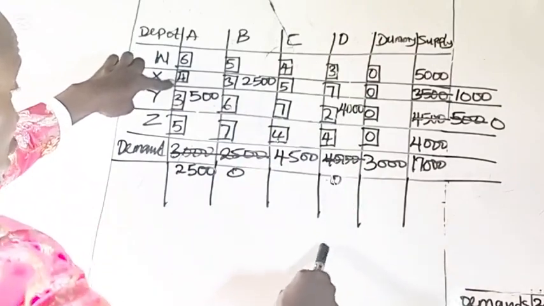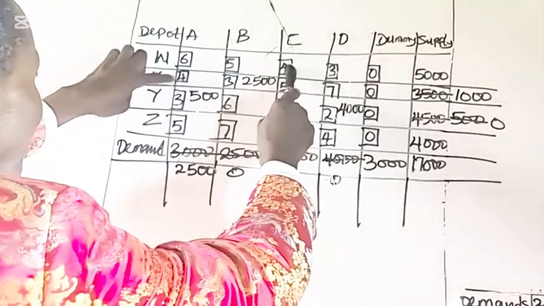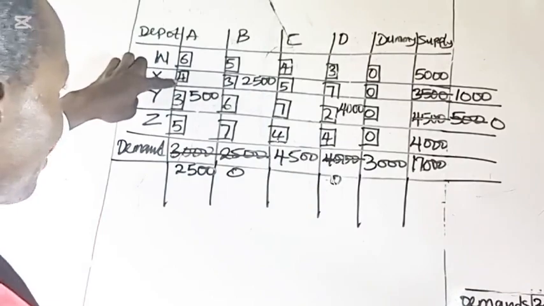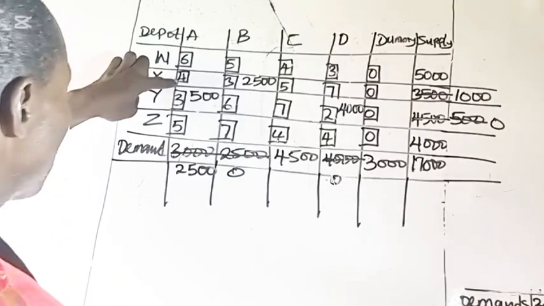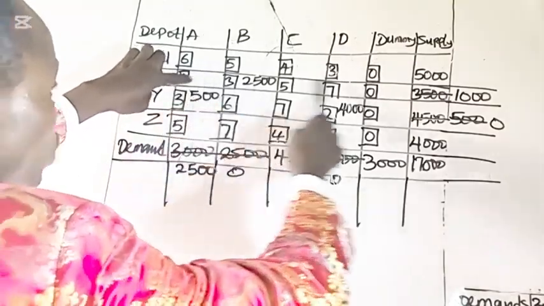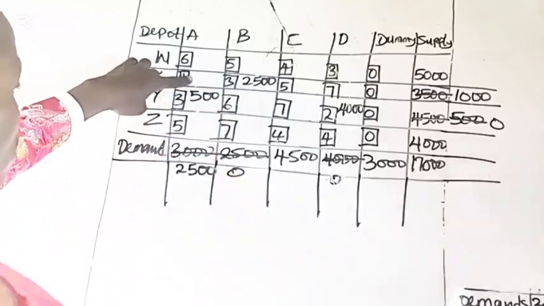You've exhausted what you have in that column. So the 4 to consider now should be this, this, and this. Now, which one can we take maximum allocation? If you want to allocate to this 4, since it is 1,000 you have in this row, that means this one can only receive 1,000.